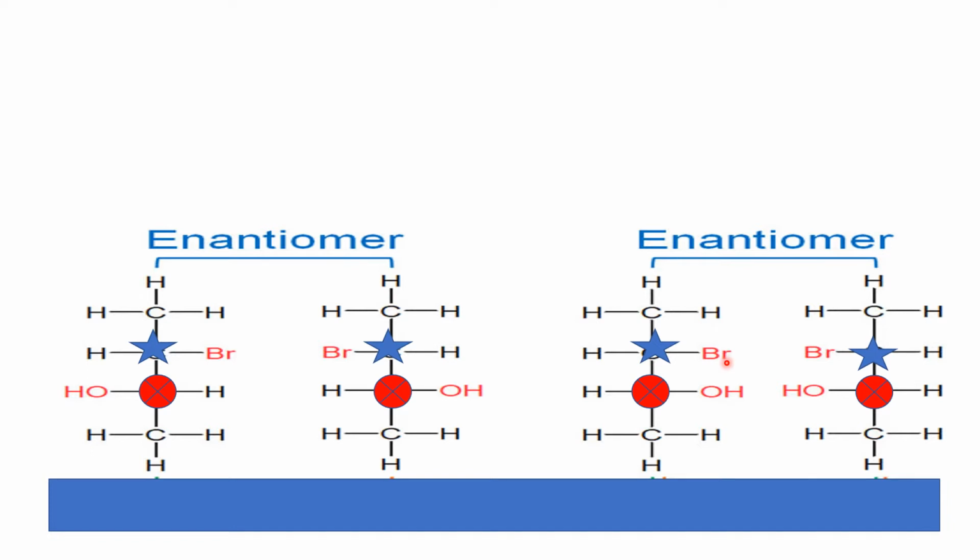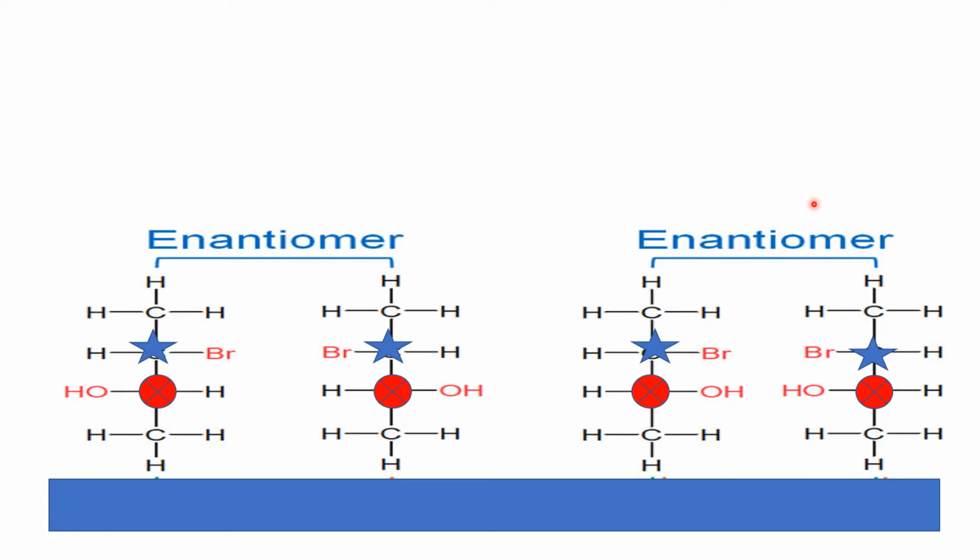They are not related as object and mirror image. But the third compound and fourth compound are connected as object and mirror image, and they are non-superimposable. Hence, third and fourth constitute an enantiomer pair.